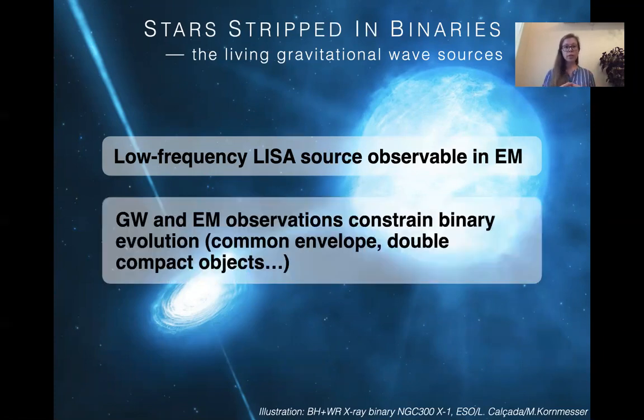Also, with these gravitational wave and electromagnetic observations, we will be able to constrain uncertain binary evolution processes, such as, for example, common envelope evolution, and have a handle on, for example, how many double compact objects can be created.